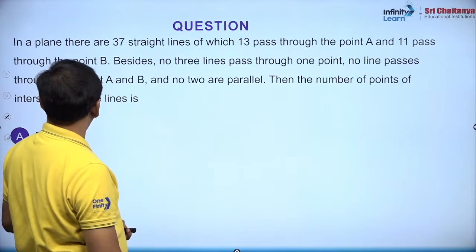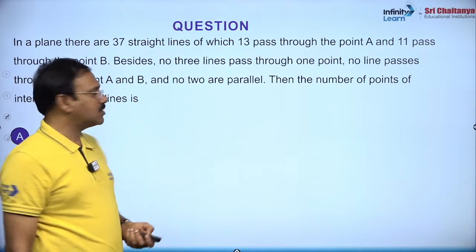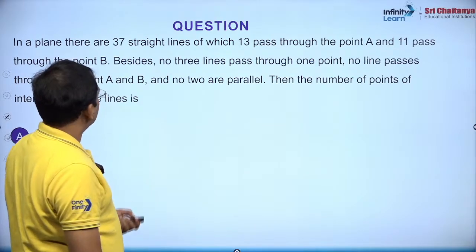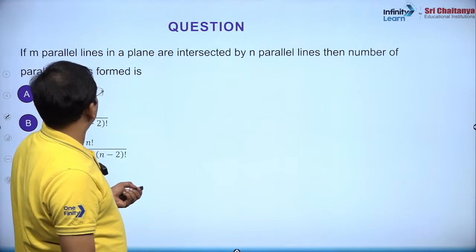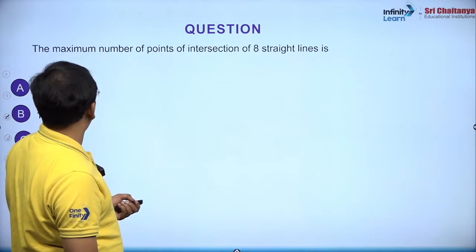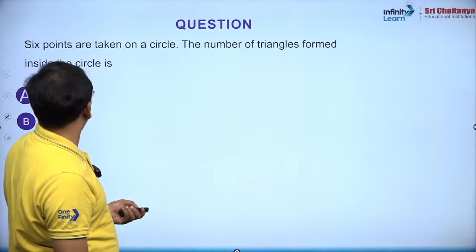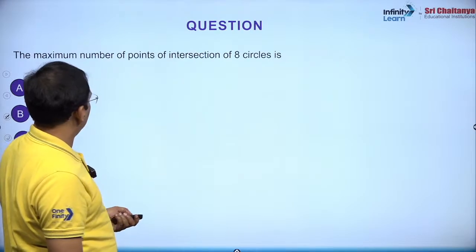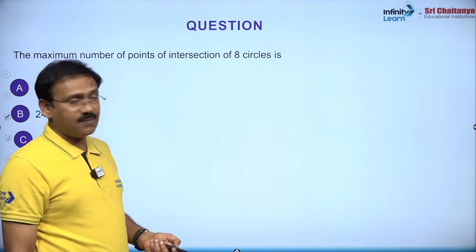The next, my dear friends, all these questions are geometry applications. These are simple geometry applications. So I want to go with specific kinds of problems; even these problems are all geometric applications. You can try the maximum number of points of intersection of 8 circles, my dear friends.